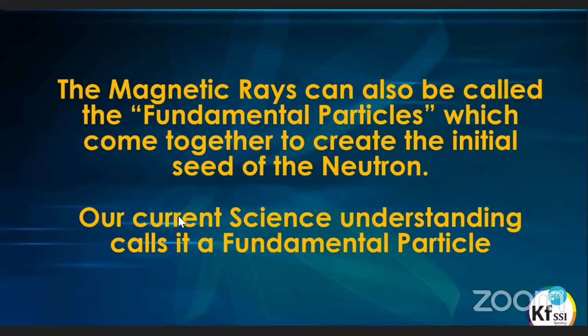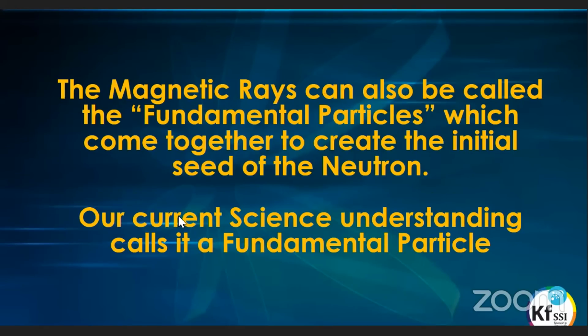And these magnetic rays can also be called the fundamental particles, which come together to create the initial seed of a neutron. Our current science and understanding will call it a fundamental particle, but it's just the interaction of these magnetic rays that will lead to everything that we see around us.